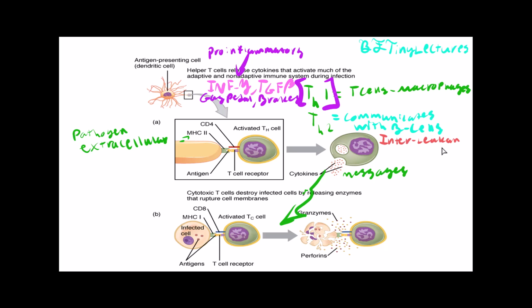So these interleukins are written as IL. And specifically for Th2 cells, we make IL-4, we make IL-6, and we make IL-10. And all you gotta know is that interleukin 4, 6, and 10 are made by T helper 2 cells, and they are going to increase the B cell activity.